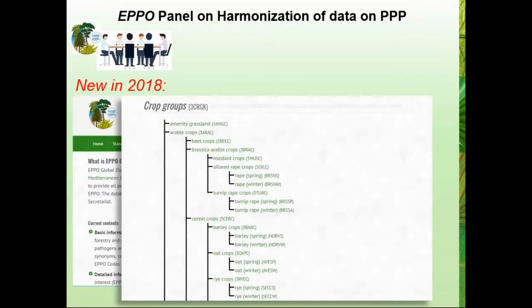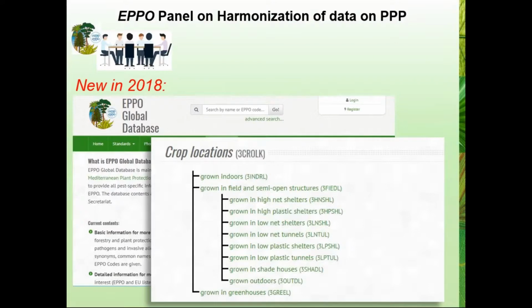We thought that this is something very useful to better understand and visualize the classification. So this is an example for crop groups, how they appear, and this is crop locations, another example.